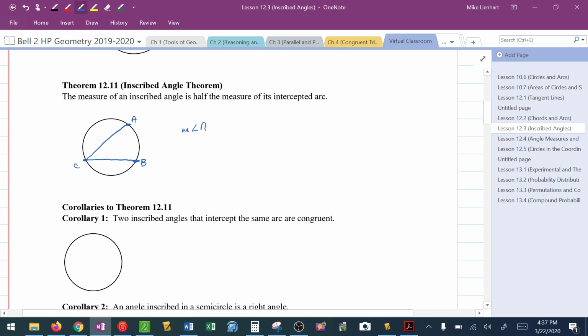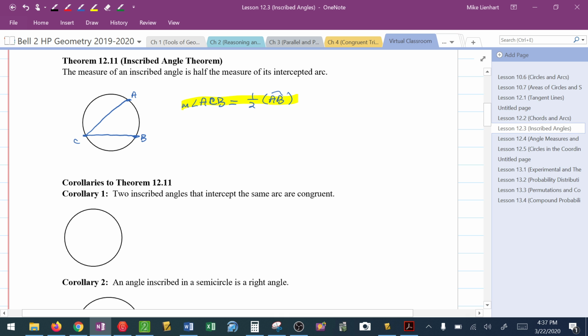I know that the measure of angle ACB is going to be half of its intercepted arc, which is still arc AB. So the measure of an inscribed angle is equal to half of its intercepted arc.